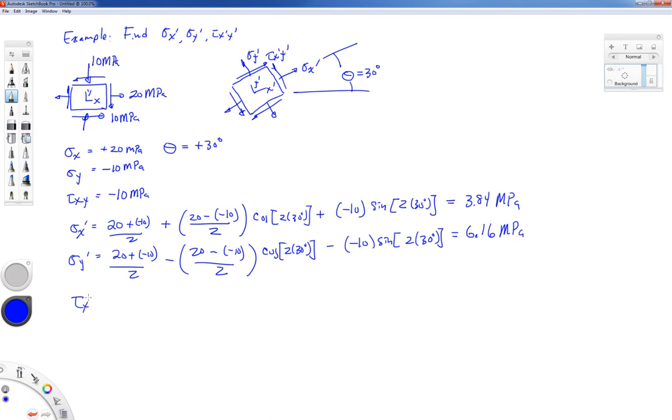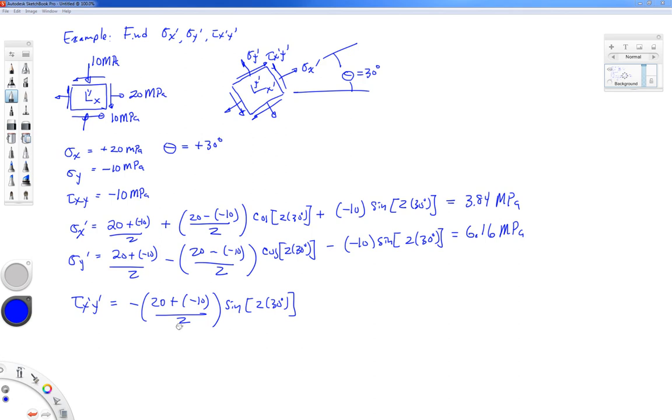For tau x prime y prime, I have minus sigma x plus sigma y over 2... I made a mistake in my equation. Let me fix that. It's a good reason not to try to memorize those equations.